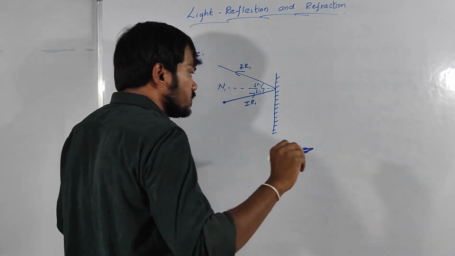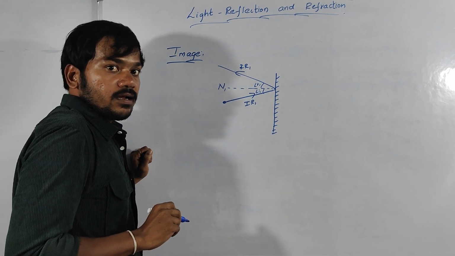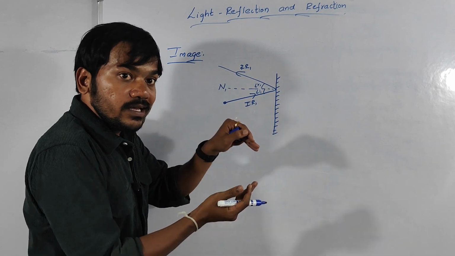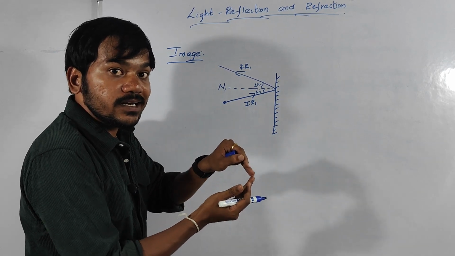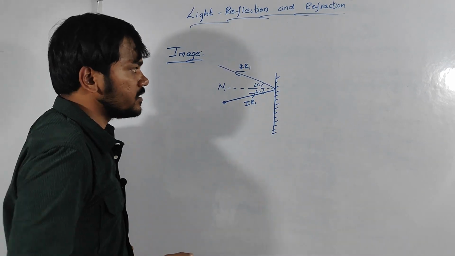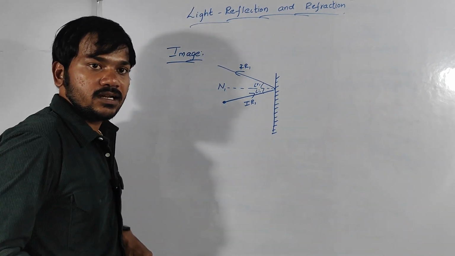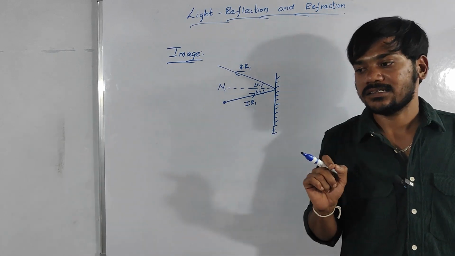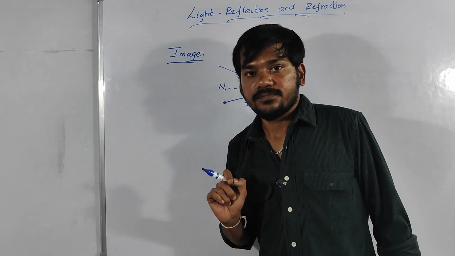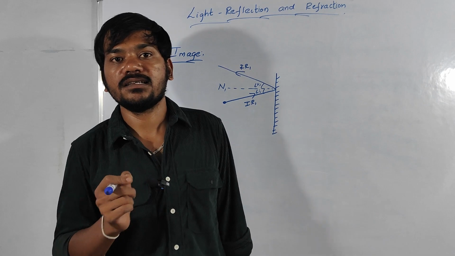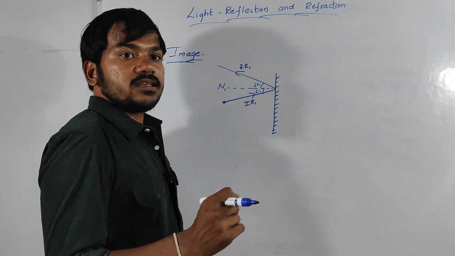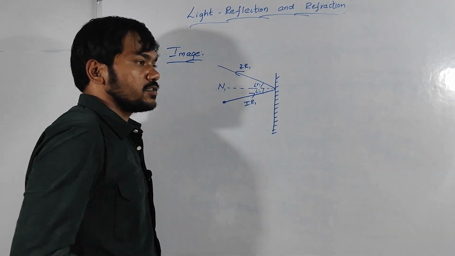Now we have studied that an image is formed where reflected rays meet. Rays, in the sense it is plural, means a minimum number of rays. This can be asked as an MCQ in your exams: how many minimum number of rays are required in order to form an image?